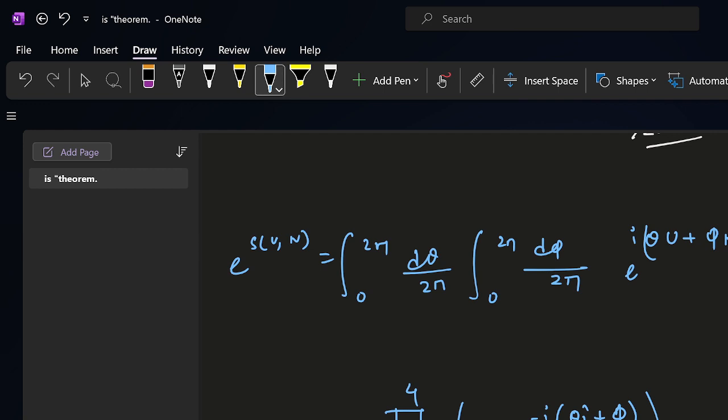If you put j equal to 1, then it is just e to the power of minus i theta plus phi. Then the next item in the product is 1 plus, with j equal to 2, so it is minus i 2 theta plus phi, right? Similarly for 3 you will have 3 theta, and for 4, the last part, you will write 4 theta. The phi part has no change.